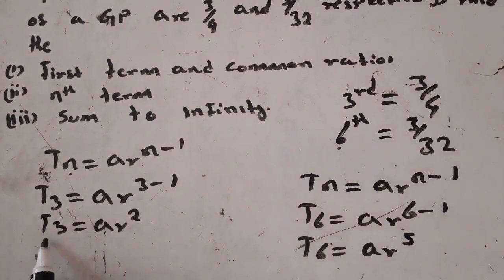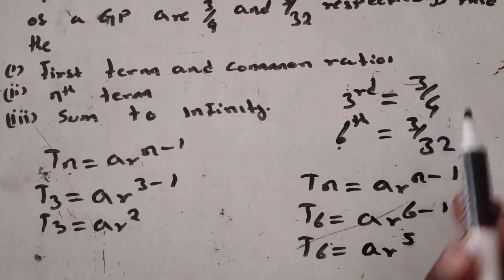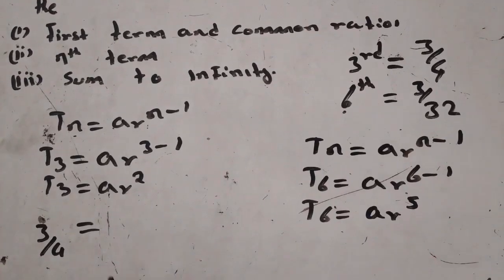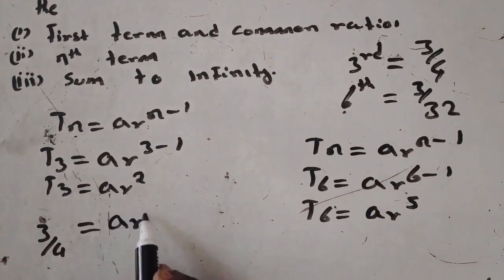We know that T3 is 3 over 4, so where there's T3 we put 3 over 4 is equal to ar squared.